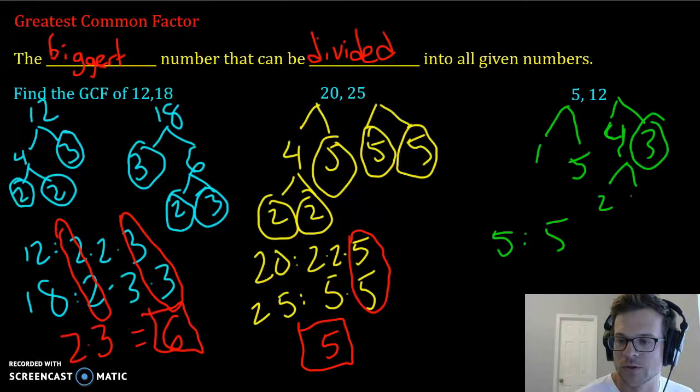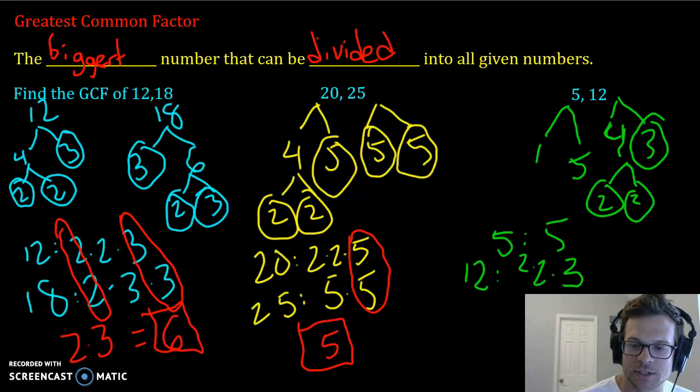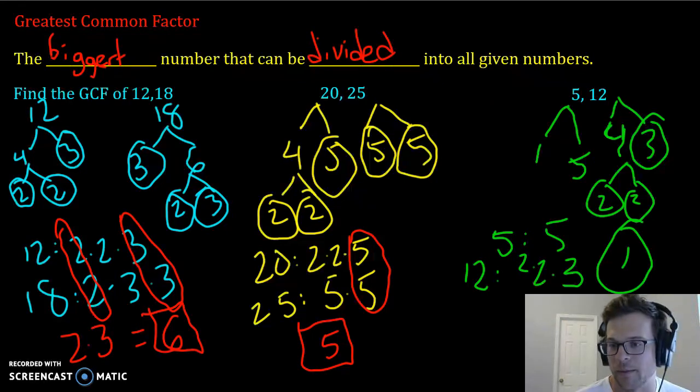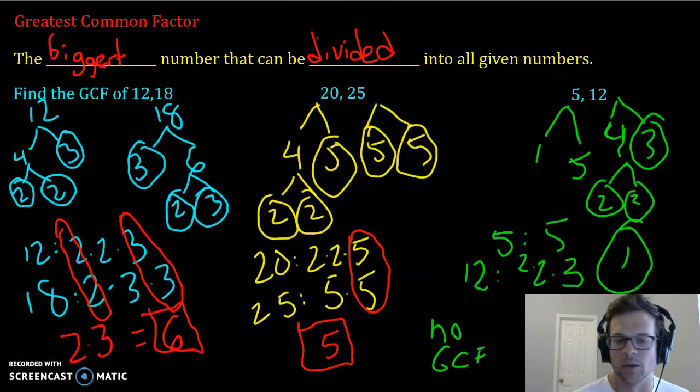Factors of 4 are 2 and 2. 2, 2, 3. Now, are there any of these in common? Nope, there is not. So, depending on your format, some testing centers will tell you that the GCF of these two numbers is 1, because that's the only number in common between both of those, or it would be no GCF, because remember, 1 doesn't help reduce any of these numbers at all.